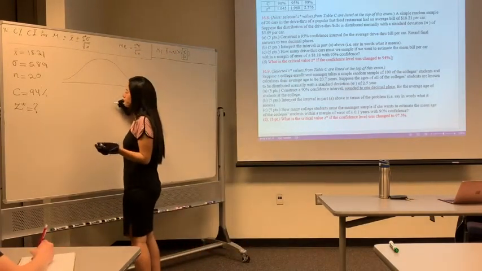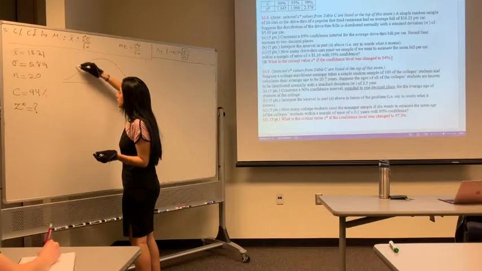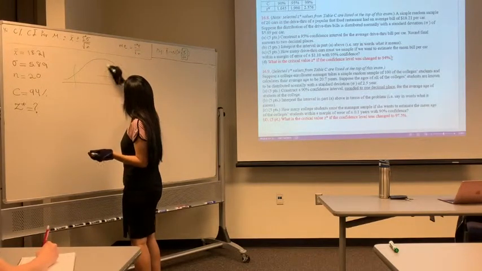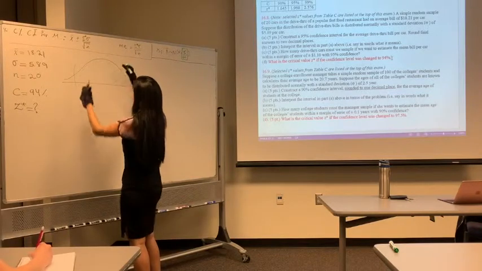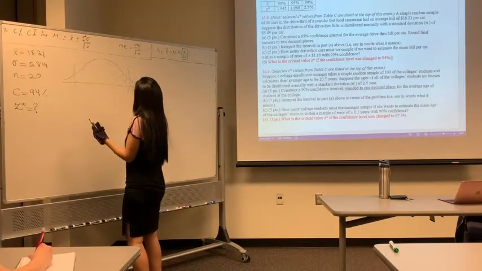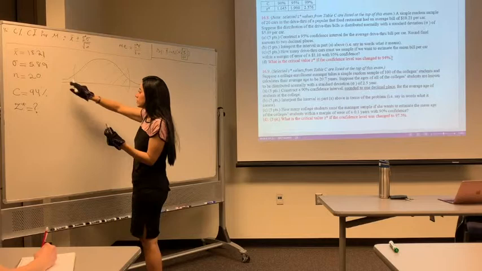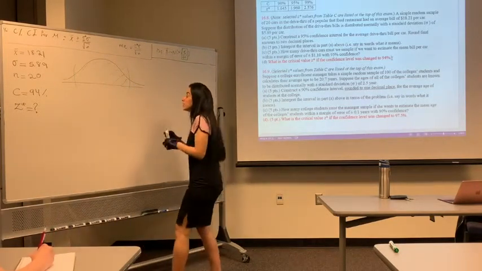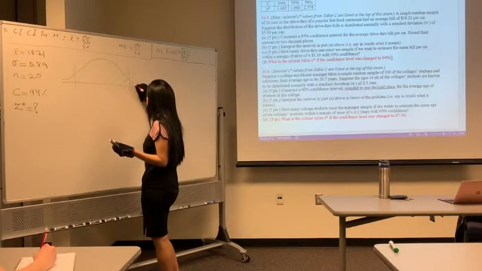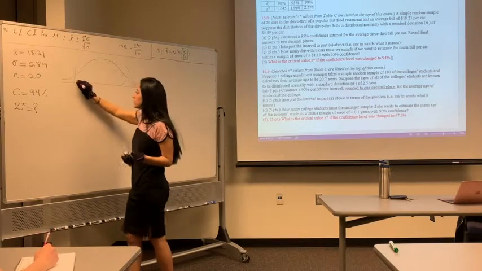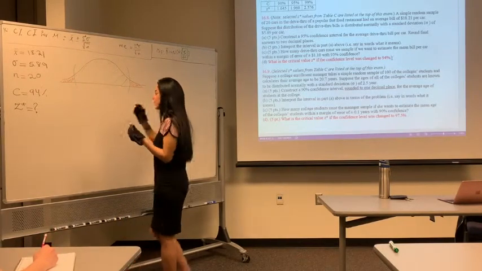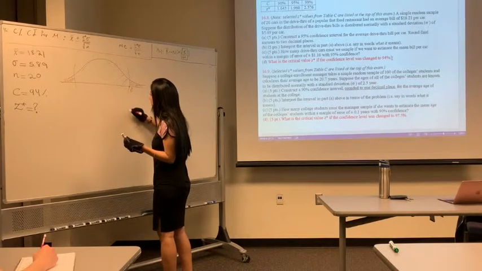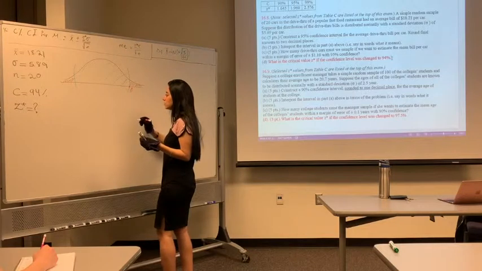So the C, probability C, is the area in between these two. This one is symmetric to this part. And we had this picture in the PDF. This place here gives us the Z star.